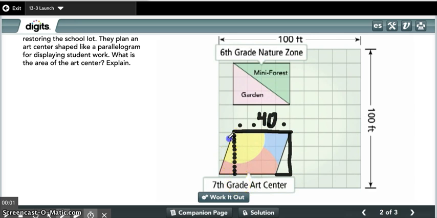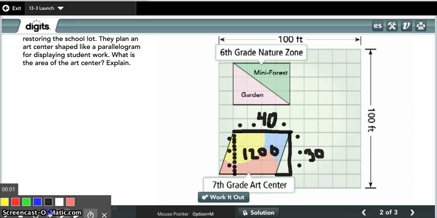And so then I can say, well, the height is 1, 2, 3 units because of my 3 squares, which in this situation represents 30 feet because each square represents 10 feet. So I would do 40 times 30 and I would get 1,200 again. That should sound familiar from the previous problem. 1,200. Let's go ahead and take a peek at the solution.